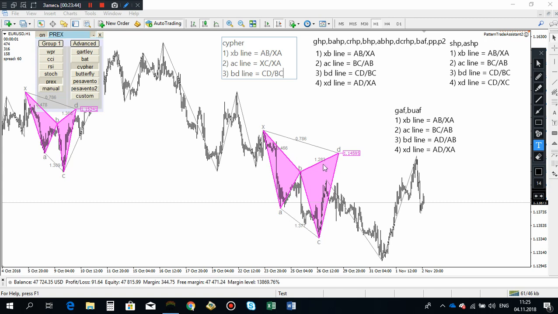Okay, but other patterns here have the BC inversion. In the Cipher pattern it makes no difference what this level is, because it takes no part in the calculation of the pattern. It cannot validate or invalidate the pattern, so it is nothing basically. But it is very pleasant to know that you have some confluence of Fibonacci levels and whatever.